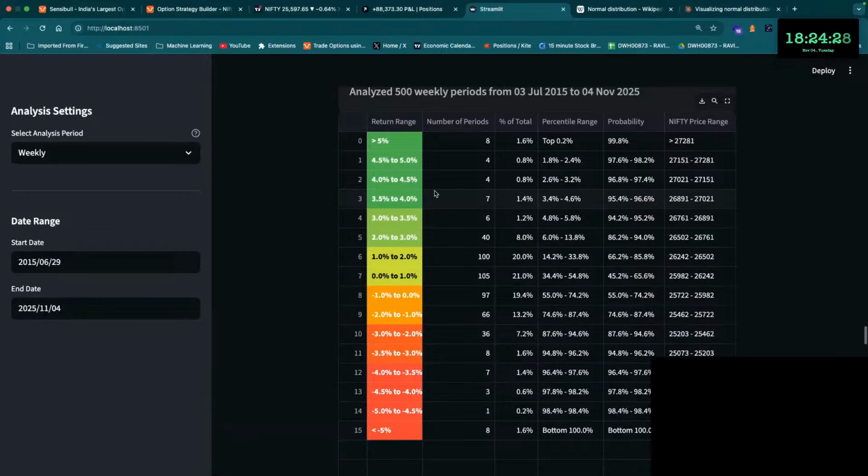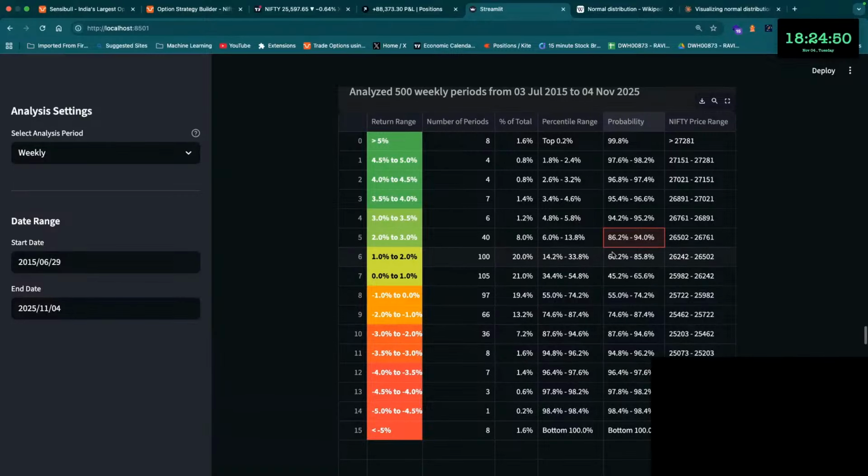Obviously there are multiple occasions where it went up, but there is an 85% probability. Suppose you want to play safe, it says there is a 94% probability that Nifty would not go above 3%. For example, now it's 25 thousand, so 3% of that is about 700 to 750 points.